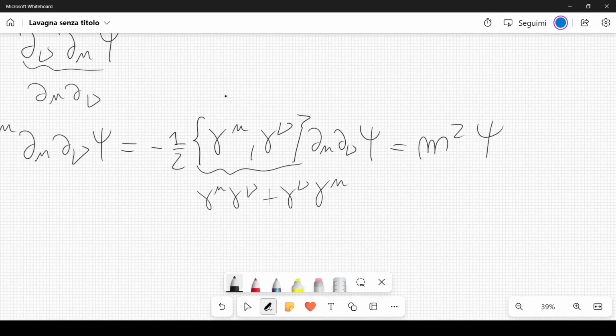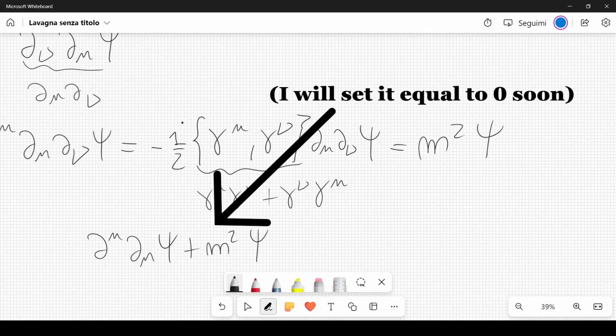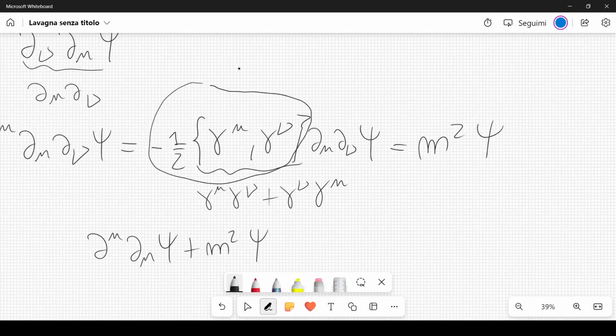Now remember that we have to impose that this will give us the equation del mu del mu psi plus m squared psi. So basically we have to impose that this is equal to minus eta mu nu, right?